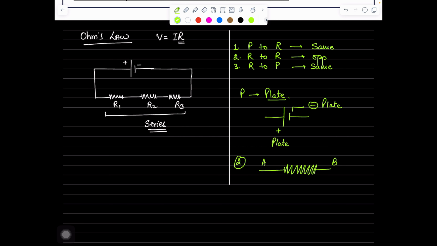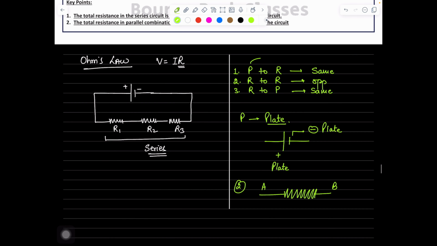Whenever it is plate to resistor, the charge or the value remains the same. I will show you how. This is the positive. The current starts moving, and let's say this is the point. What should be the charge here? Positive.